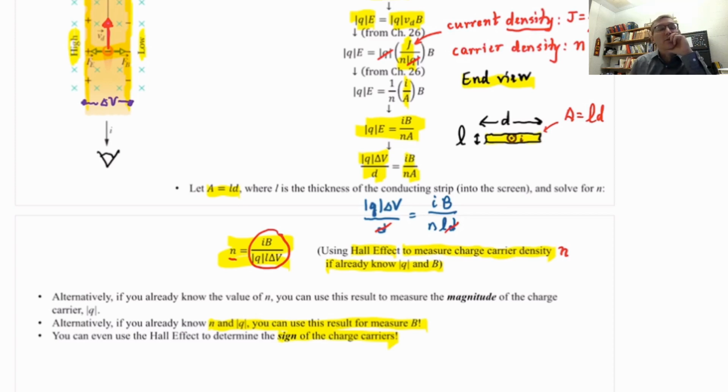But there can be situations, a little bit more complicated, and you would really need to take a class in solid-state physics before you would understand why, where the charge carriers are in essence positive charges. So therefore, with any given conductor, it's not safe to just assume that the charge carriers are negative charges like electrons. They could be positive. And so what if you don't know for a given conductor whether its charge carriers are positive or negative? The Hall effect can tell you which it is.